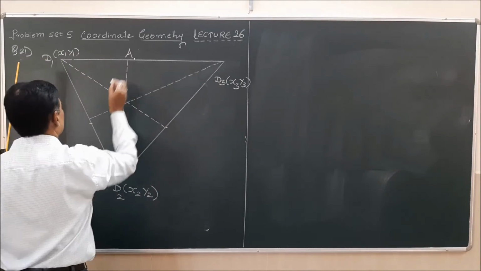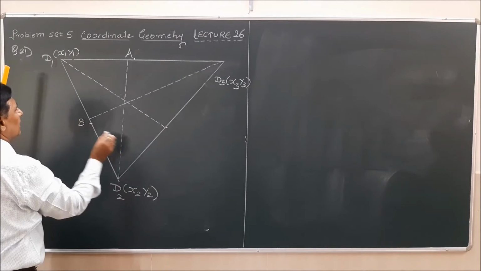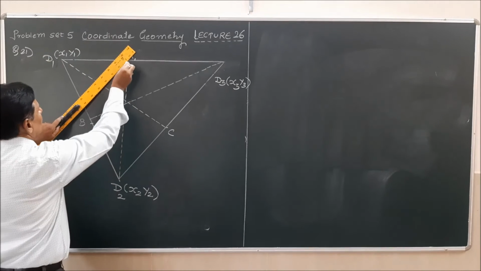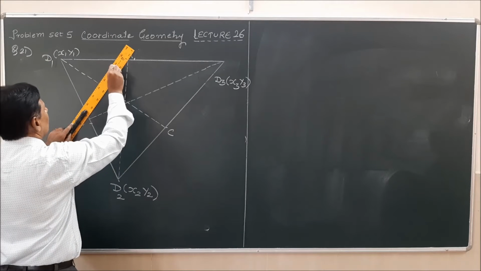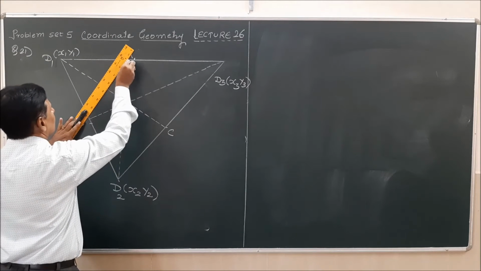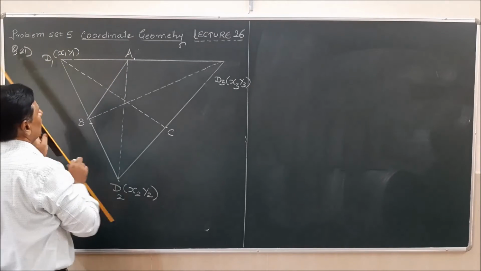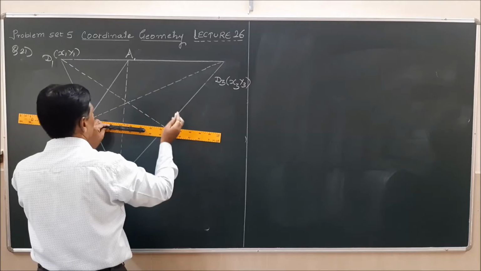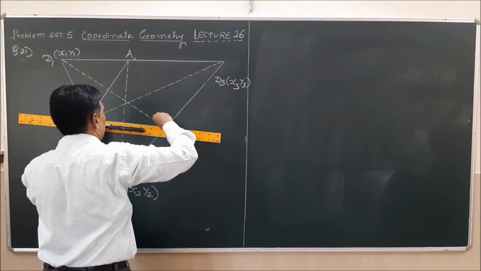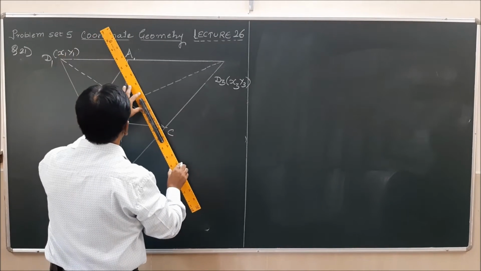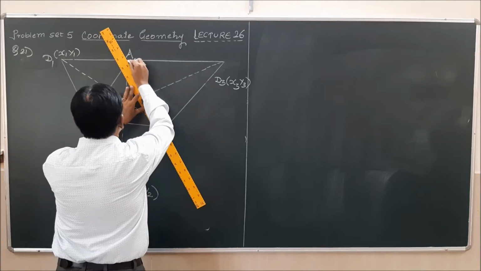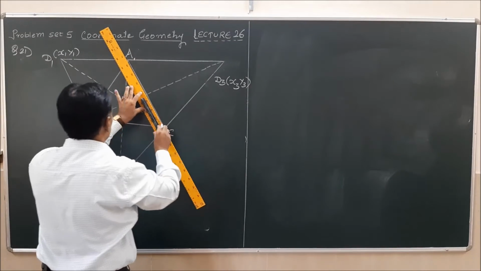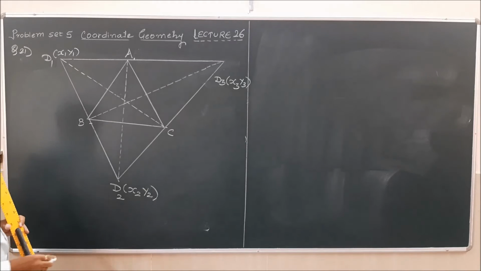Here A, B, and C is one more triangle. Okay. Very interesting now.